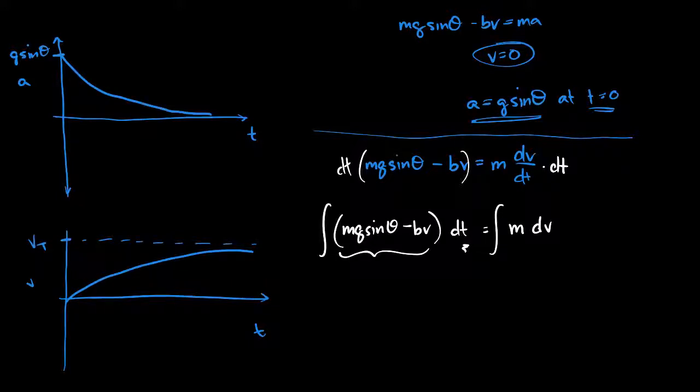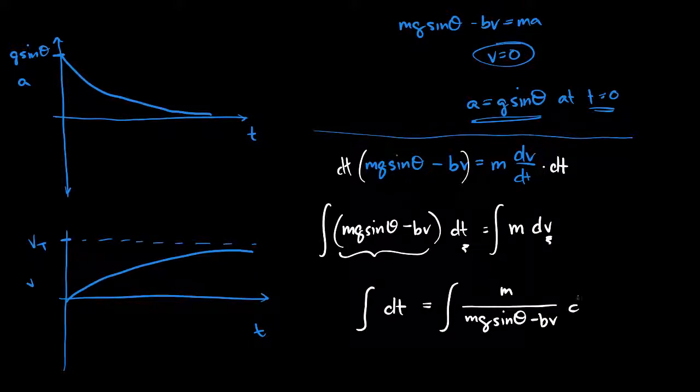I can't have anything on this side without substituting in a relationship for it in terms of t. However, I note that v is on this side. So I'm going to want to get that over to the other side, which means I've got to divide both sides by that expression so that each side of the equation only has things on it related to the variable that our derivative has.